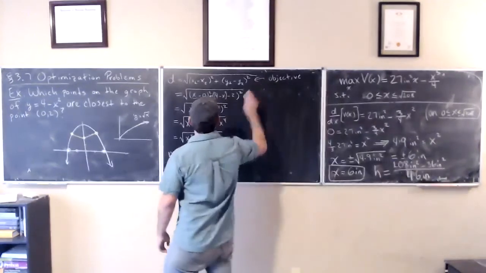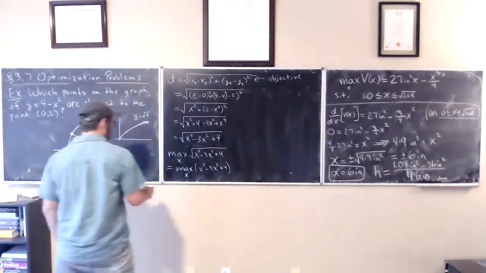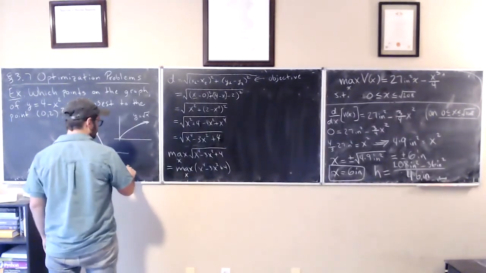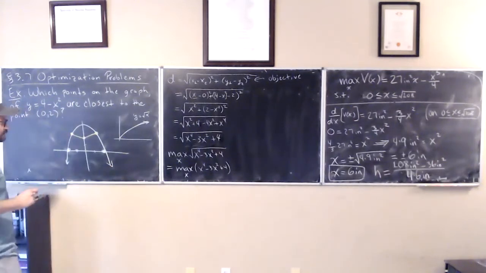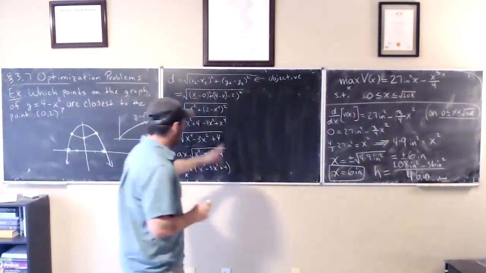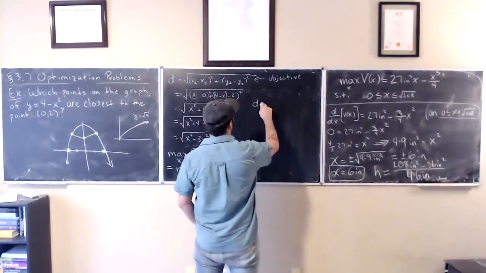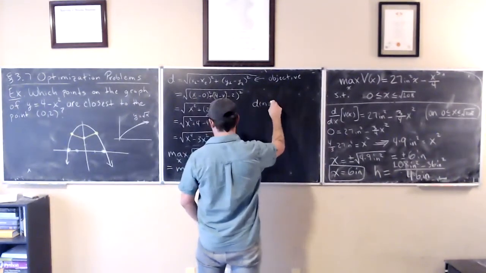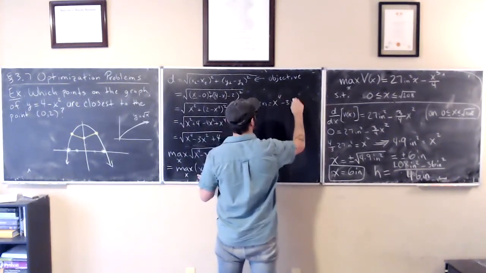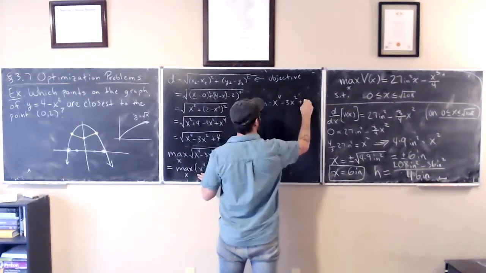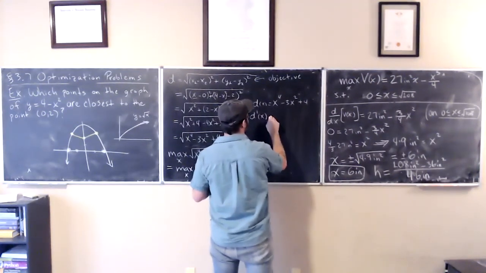Okay, so there's my objective. The inside needs to be greater than or equal to 0. I do know that though, so maybe I can come back to that in a moment just to make sure. But that's my function. So if my d of x is this, then I'm looking at my critical points.